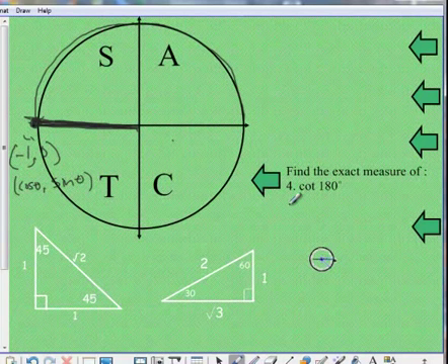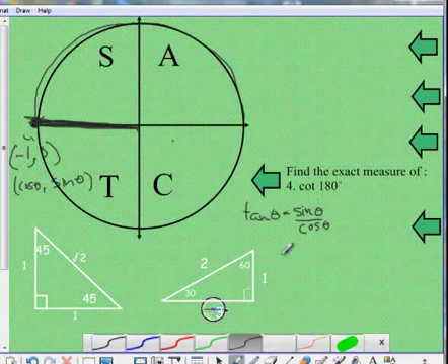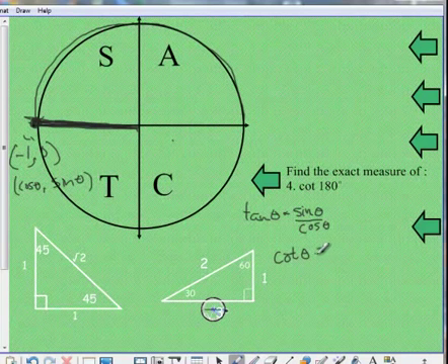Okay, cotangent of 180. Well, I know cotangent is tangent flipped, and I still don't have a tangent over here. Oh, but wait a second. All right, got to do a lot of thinking here. Let's see if you can bear with me. The tangent is the sine of an angle over the cosine of an angle. So the cotangent must be the flip of that, the cosine of the angle over the sine of the angle.